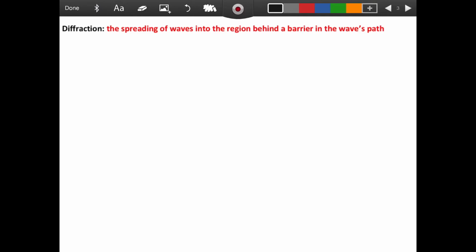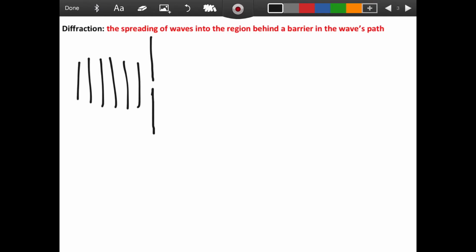So this can allow you to hear sound when you are around the corner of something, or creates pretty cool light patterns. And again, I'm going to post a few examples of this as well. So a couple examples of this. If I have a barrier here with a very small opening, I have wave fronts. So these are going to be wave fronts.